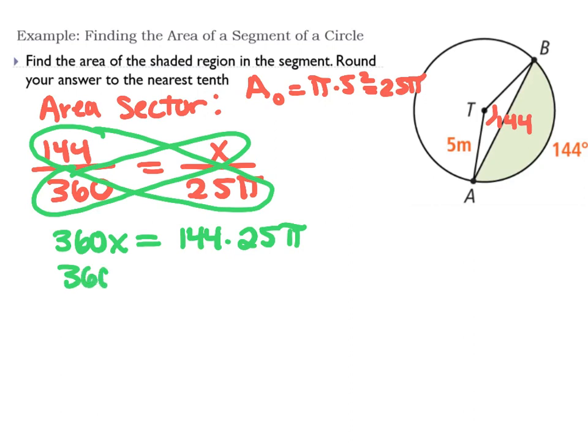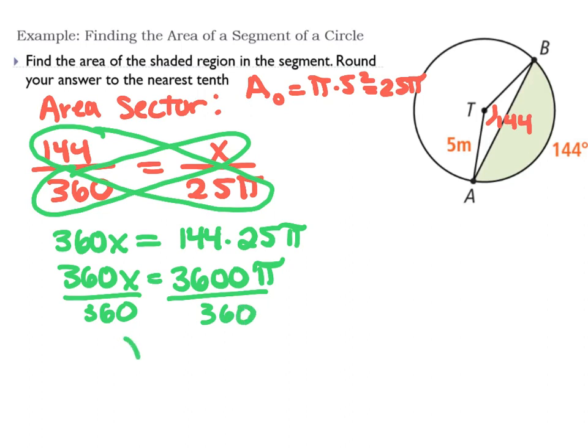So it gives us 360x equals, and 144 times 25 gives us 3,600 pi. And then if you divide both sides by 360, it gives that x equals 10 pi meters.